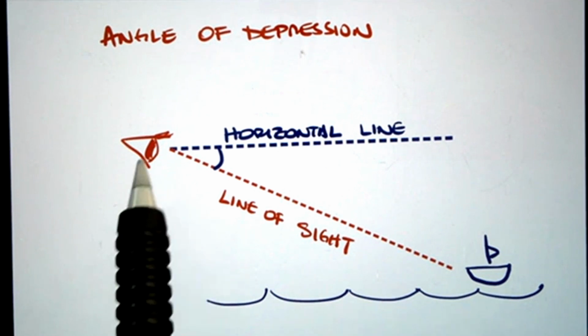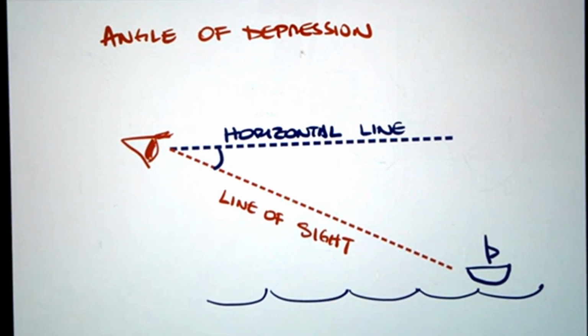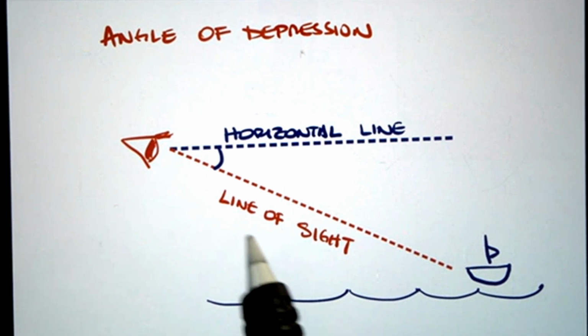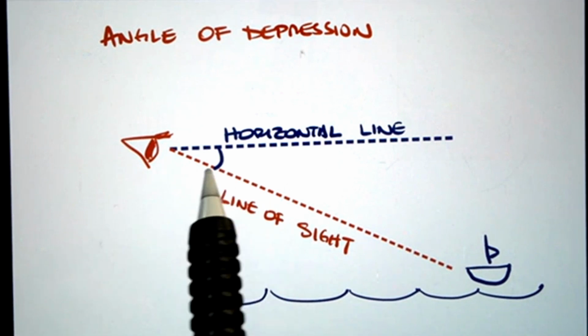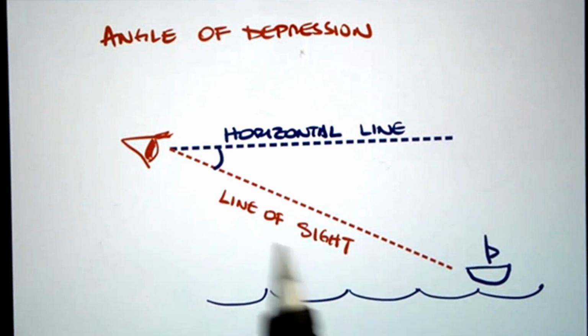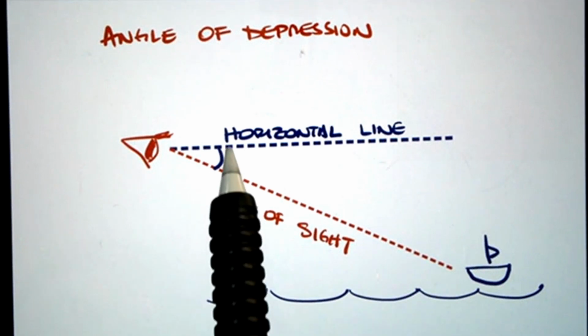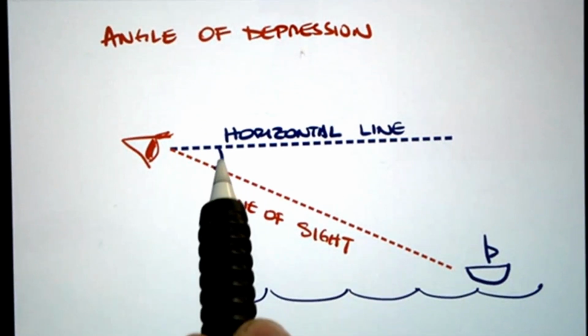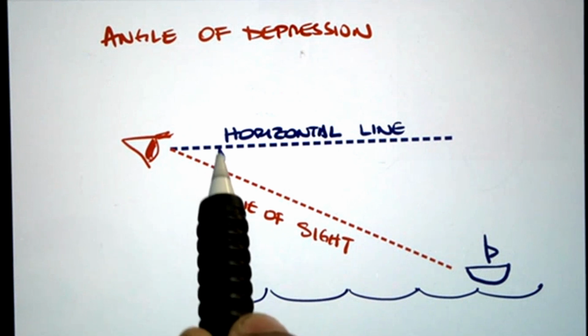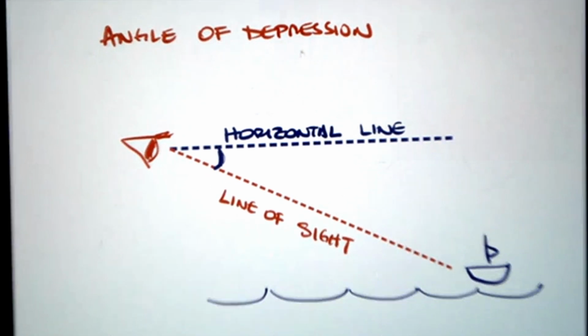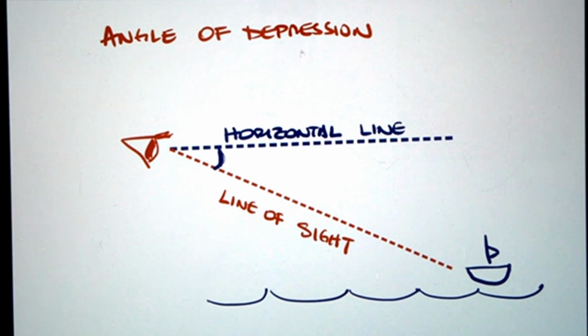The observer is possibly on a cliff, and the space between the line of sight and the horizontal line is what we call the angle of depression. So those are the two concepts of angle of elevation and angle of depression.